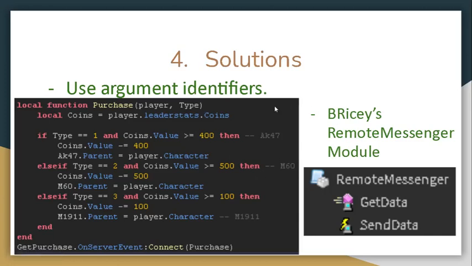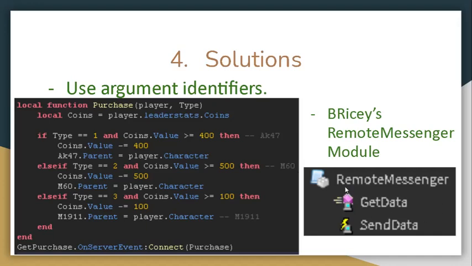The other thing I want to reference is B-Ricey's remote messenger module. His module is amazing, I use it all the time. This module makes it so all of your events and remote functions run through just one remote.